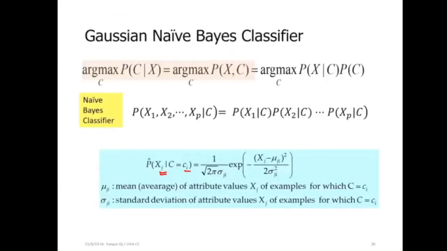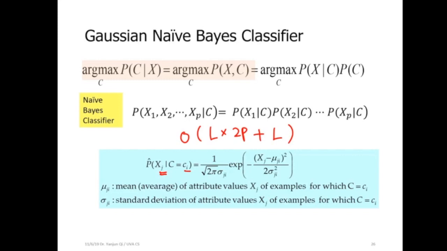It's the number of labels times 2p for each class, plus the prior for each class. This is the number of parameters we need to estimate in the naive Gaussian case. So it's all 2pL plus L.